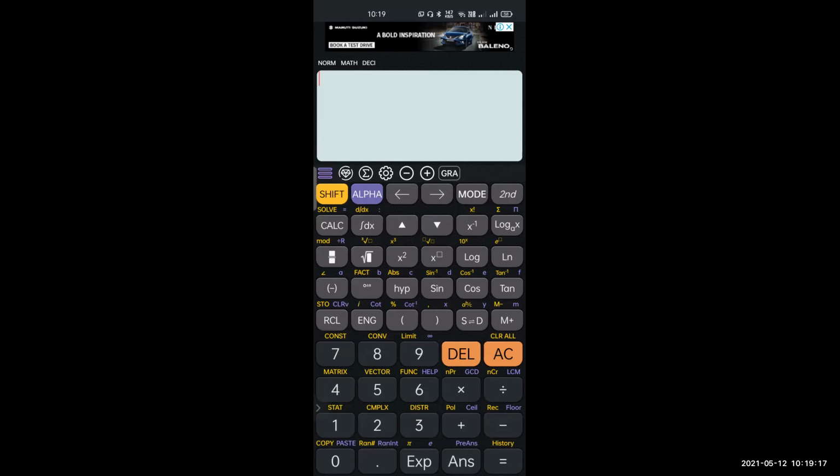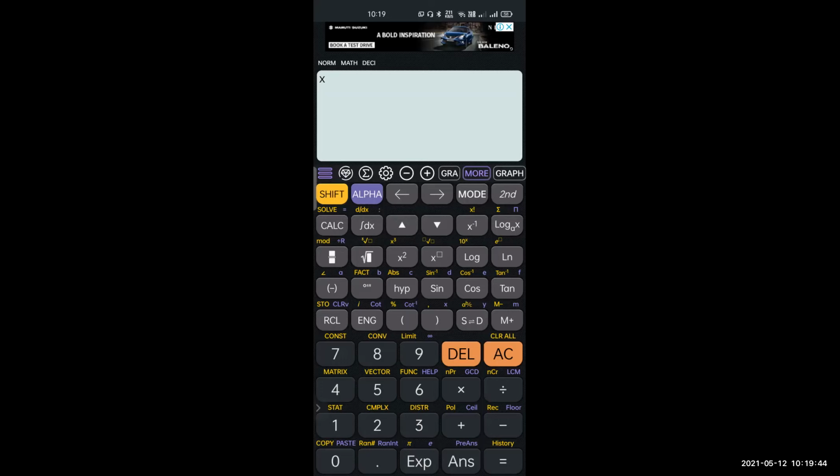So keeping that in mind, the function is x log x base 10. Just above the closed bracket button, you find an x. To get that x, we need to click on alpha and then the closed bracket button.